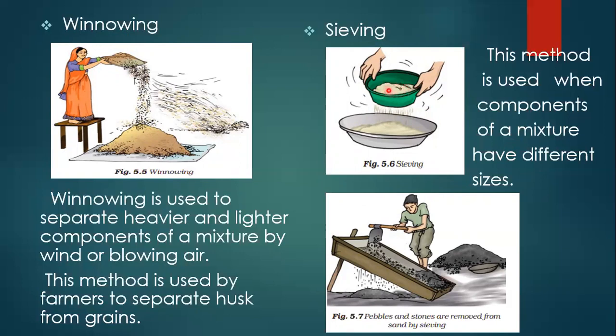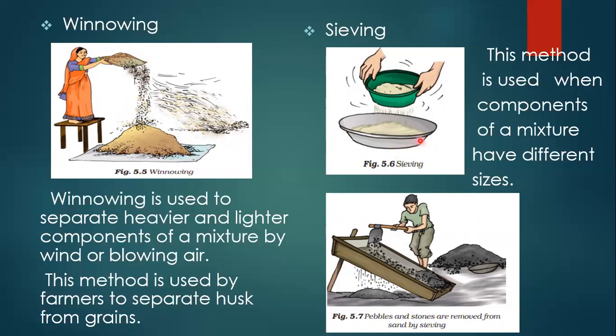For cleaning flour, whether it is wheat flour or rice flour, sieves having very fine holes are used. Any impurities like husk or bran will remain on the sieve, and the fine powder will pass through the sieve.